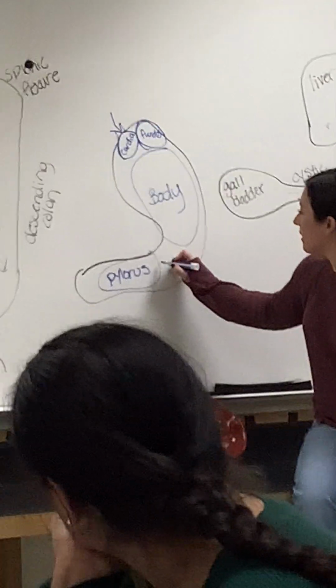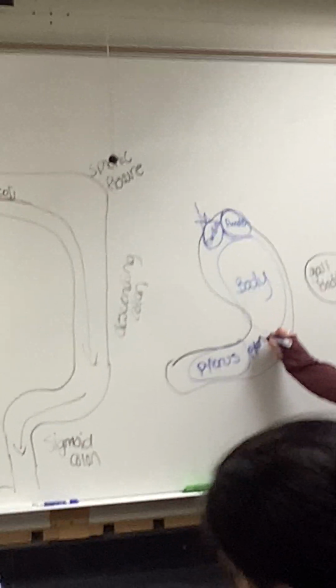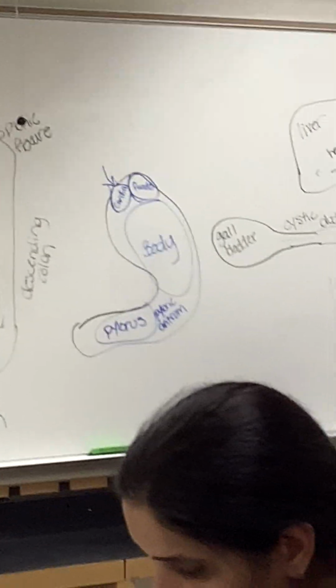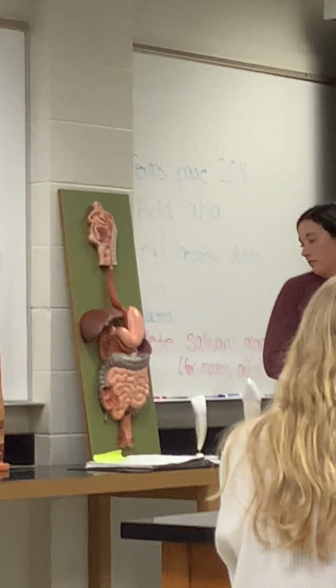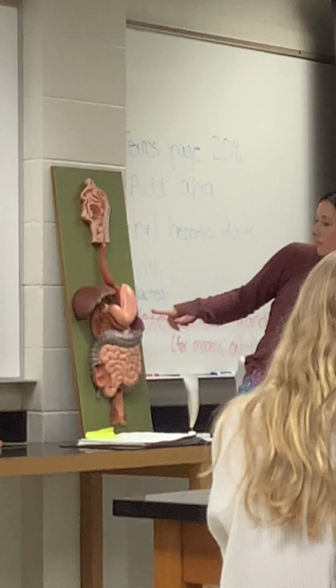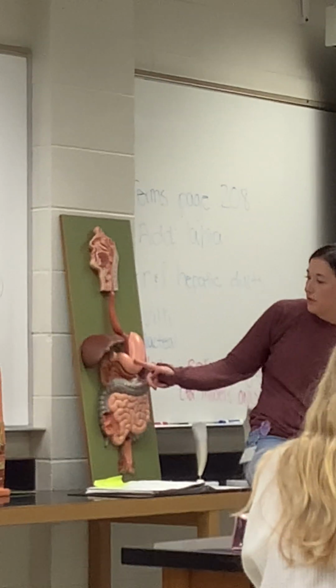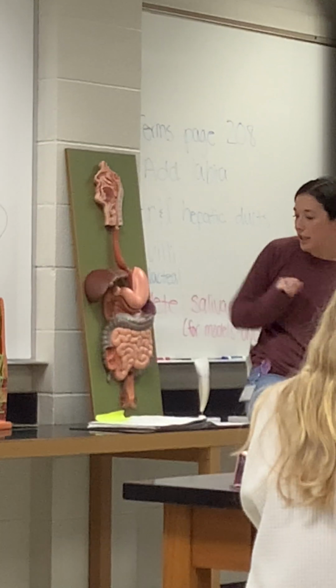So this region marks the beginning of the pylorus, which would be the pyloric antrum. Again, the body is the main part, right where it turns right here would be the antrum, and then the whole last part is the pylorus.